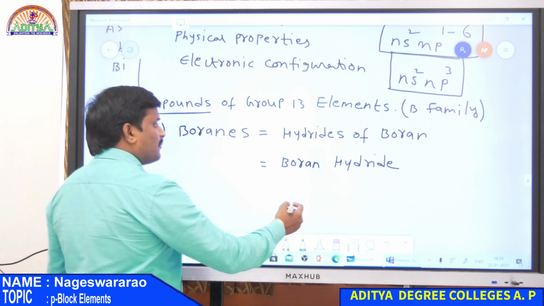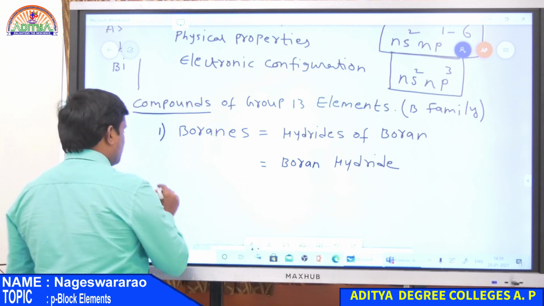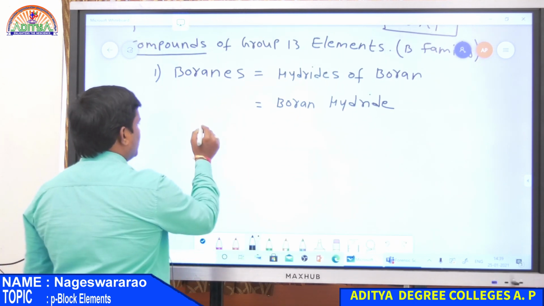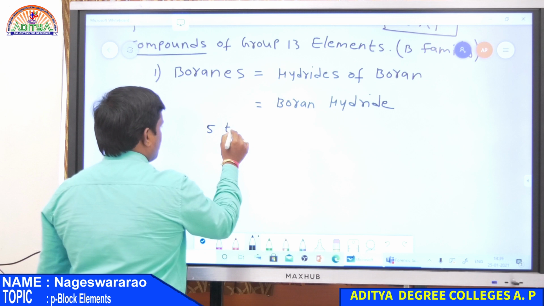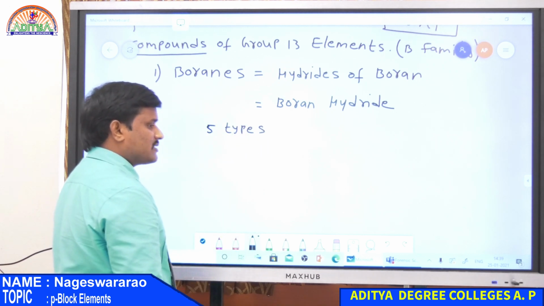So based on the number of boron atoms and hydrogen atoms, these are classified into 5 types. Boranes are classified into 5 types based on the number of boron atoms as well as hydrogen atoms.